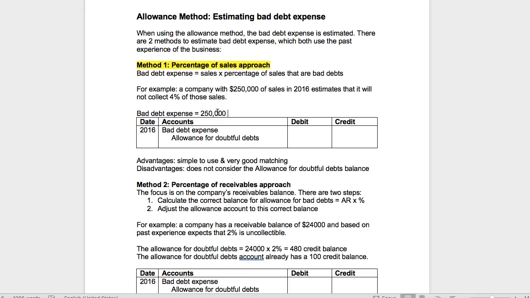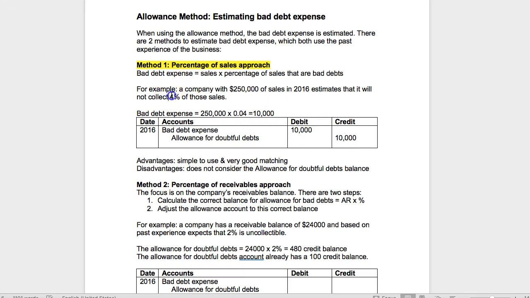So you get your sales number and you times it by 4%. And can you calculate that number for me? All right, did you get $10,000? And that goes into your debit for your bad debt expense journal entry.